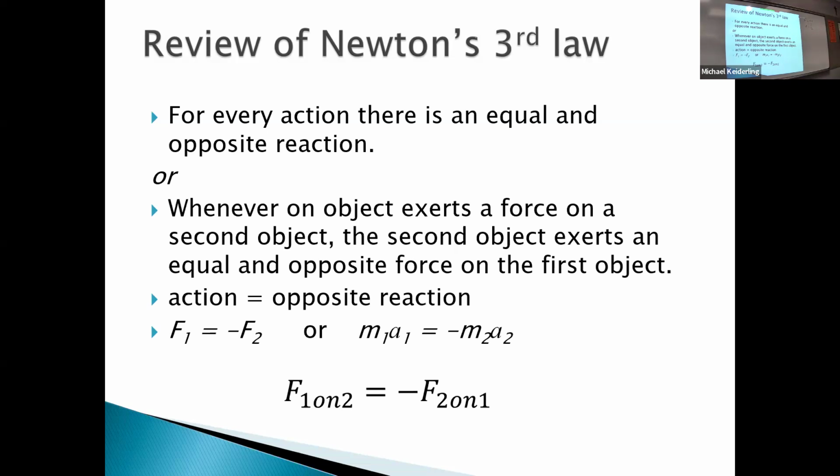So action equals opposite reaction, force 1 equals minus force 2. So if those are the only forces involved, mass 1 times acceleration 1 will equal minus mass 2 times acceleration 2. You can think about it as the force of 1 on 2 equals minus the force of 2 on 1. Okay?